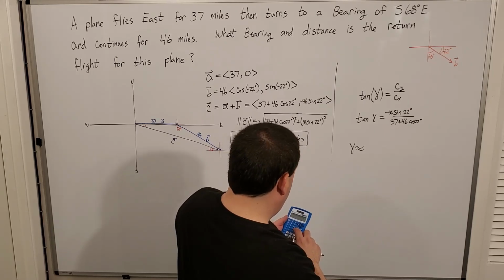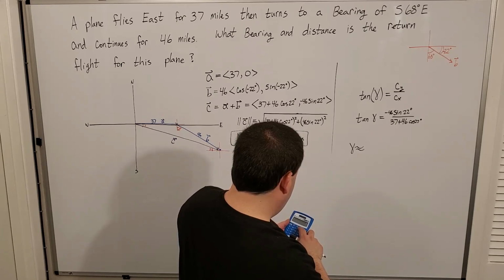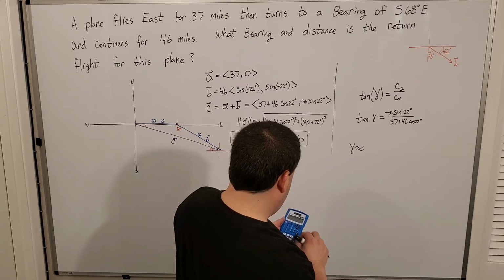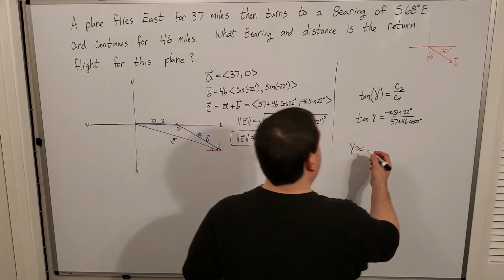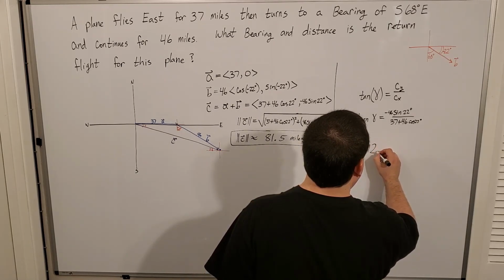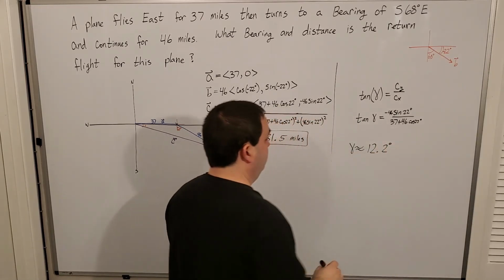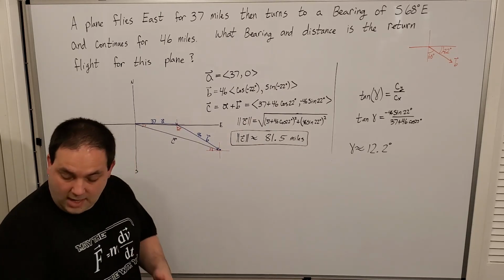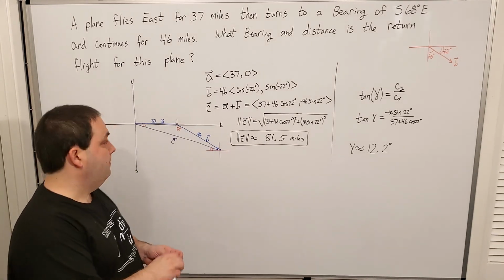Close the denominator, close the inverse tangent. Yes. 12.2 degrees. Okay, that's not my bearing angle though, right?